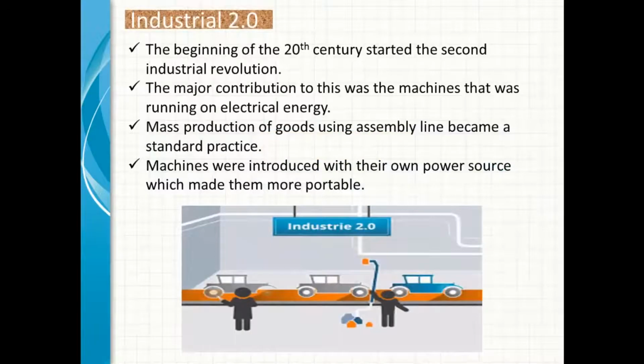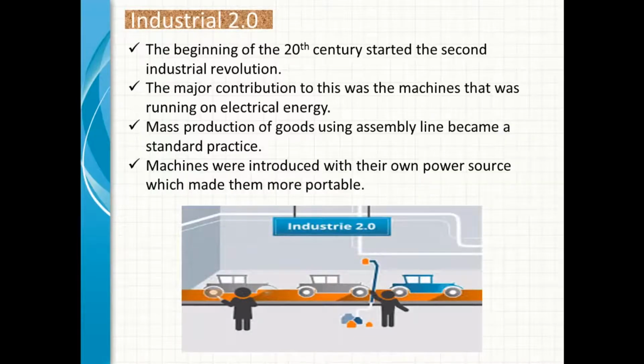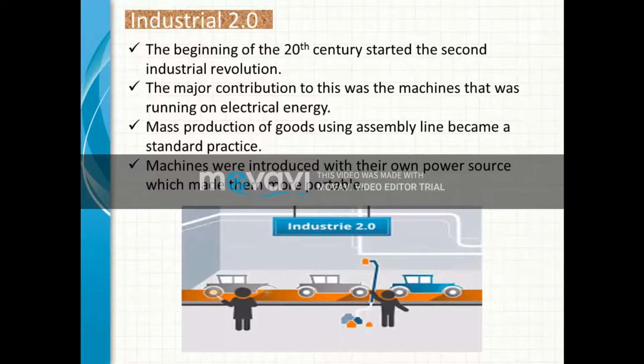So next came Industry 2.0. The beginning of the 20th century started the second industrial revolution. As I said before, Ford industries and all those assembly line manufacturing industries started during this period. The major contribution to this was electrical energy. Electricity was introduced, and it became a standard practice to do mass production of goods.